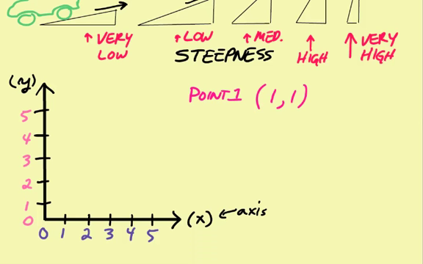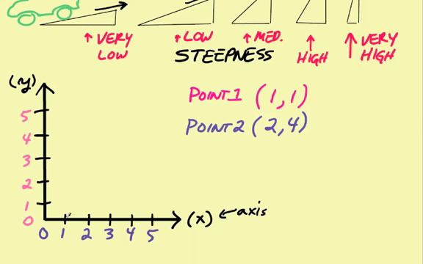Let's pick another color, and we'll say that is 2, comma 4. So point 1 is 1, comma 1, so this is the x value.